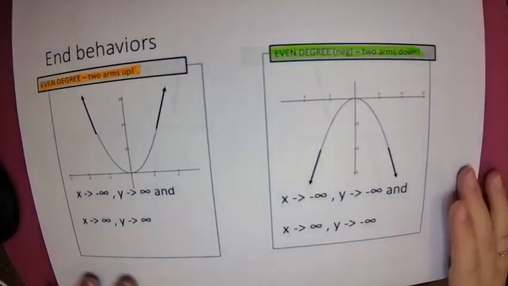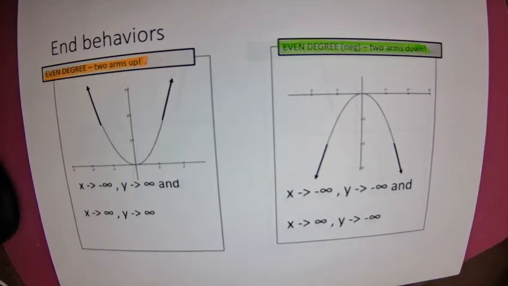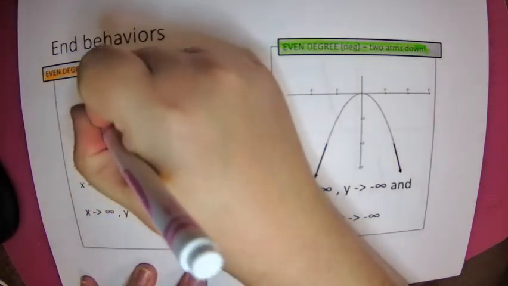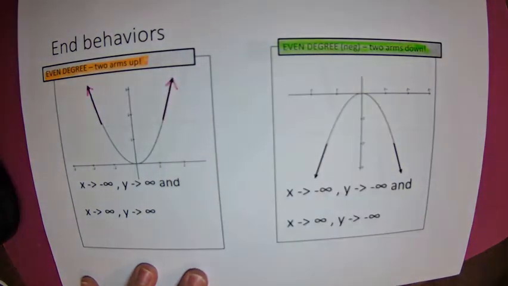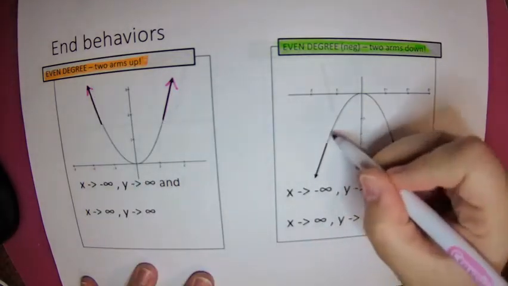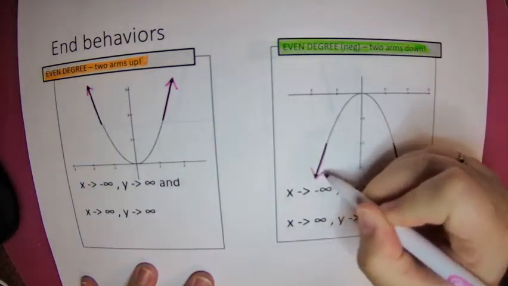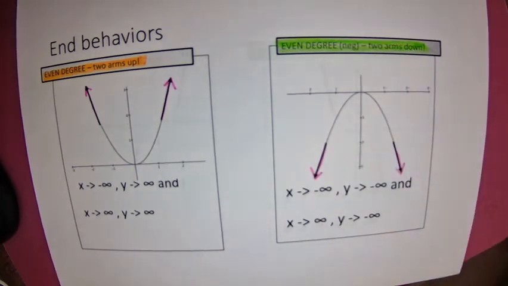All right, so first of all, what you need to know is the end behaviors. So if you have a quadratic, you've got these parabolas here. Now these parabolas always had either two arms up like this, or if it was negative, it always had two arms down like this. Now this is the fancy way that we write two arms up and two arms down.